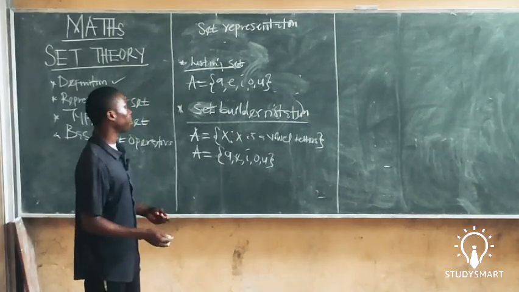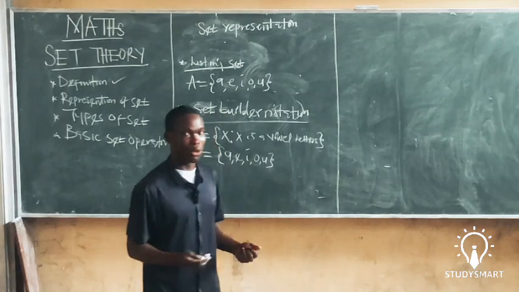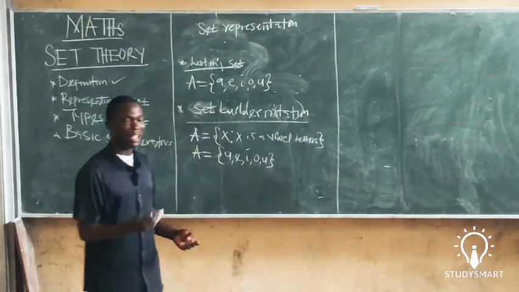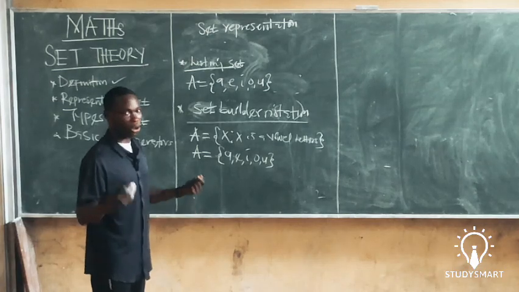For example, I can have a set of x such that x is any number less than 10, or less than or equal to 10.